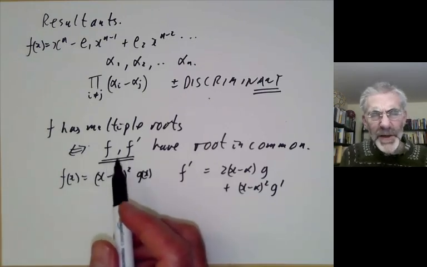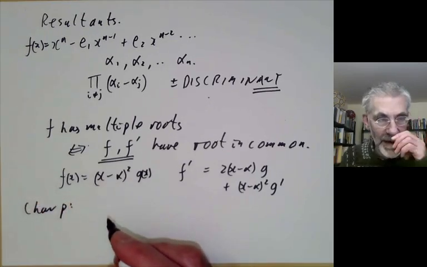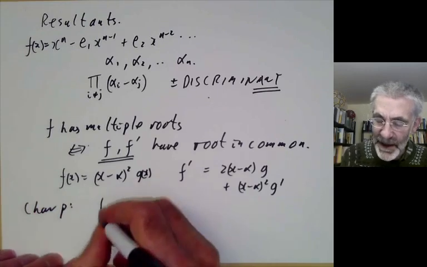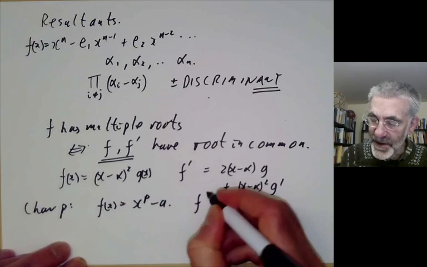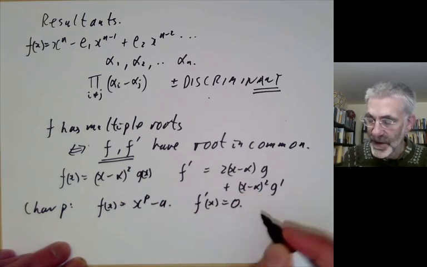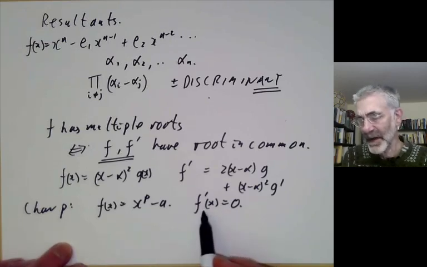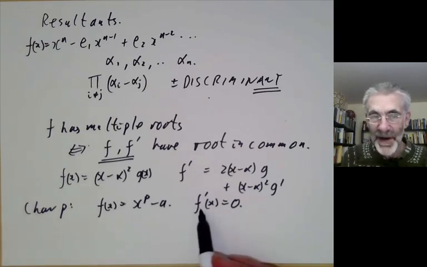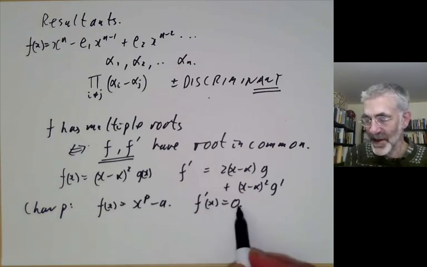Before going on, I should just add a warning that characteristic p gets a little bit weird as usual. For example, if we take f(x) equals x^p - a, then its derivative f'(x) is actually equal to 0. So a polynomial can actually divide its derivative in characteristic p. I mean, you might think it never can because the derivative has smaller order, but sometimes it's actually 0.